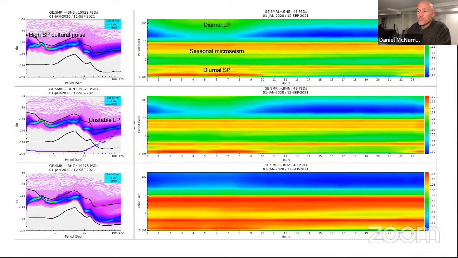But I also think having a broadband weak motion sensor is important for recording smaller magnitude earthquakes, which are important for doing magnitude frequency distributions for operational earthquake forecasting, and also important for aftershock studies for identifying the active faults, locating aftershocks, things like that. So my personal opinion is that you want both. Every station should have a strong motion and a weak motion sensor. Does that answer your question? That would be my opinion.